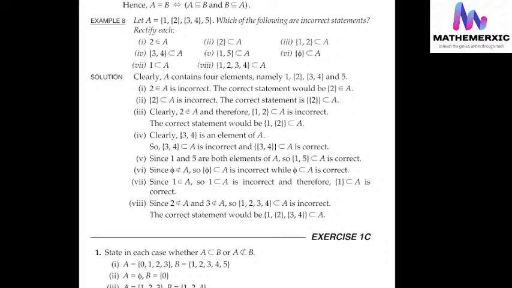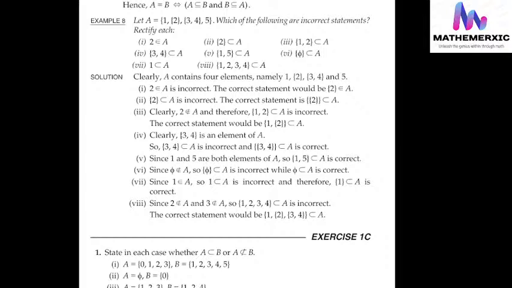Initially, 5 belongs to A we will write, because that is a logical statement. 5 does not belong to A, we can write that because this is mentioned, but universally 5 is the proper subset of A, but 5 in brackets is not there. We don't have to write like that.